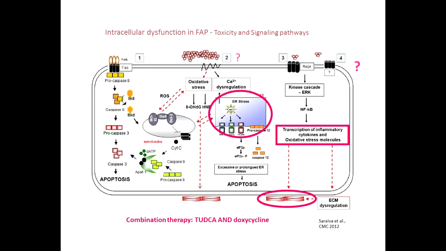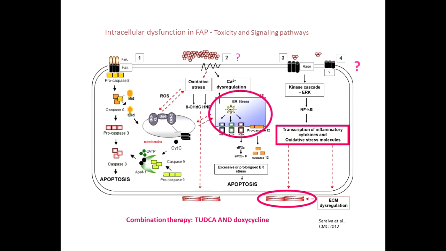Certainly, these oligomers are going to damage membranes. We know that's as well a way of releasing calcium, and so you can have problems here with calcium. And there might be other receptors that we are still looking for.